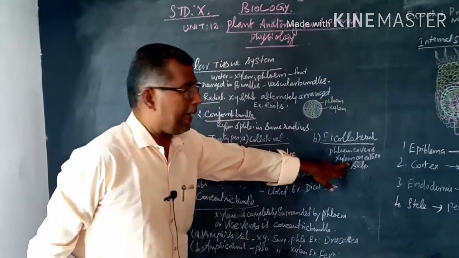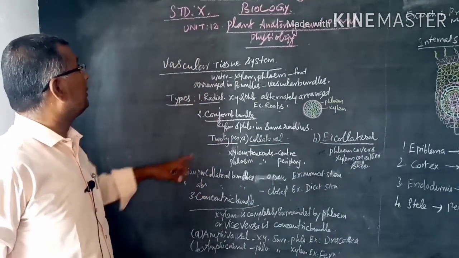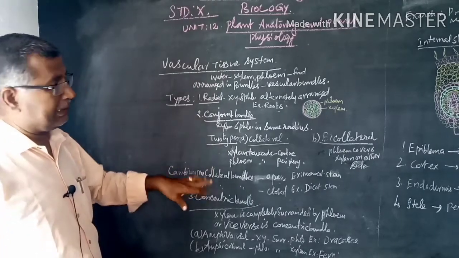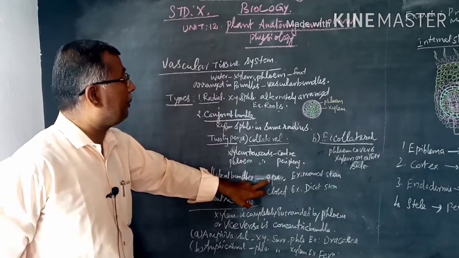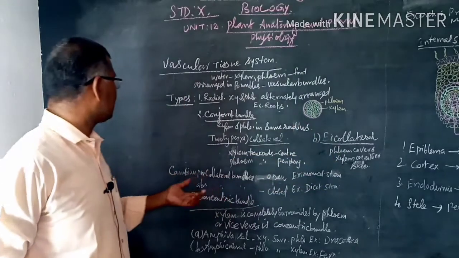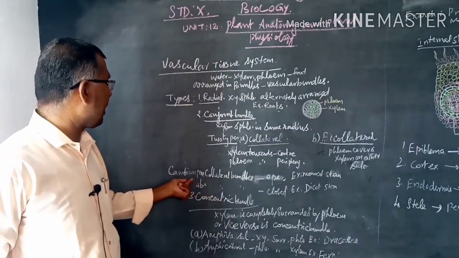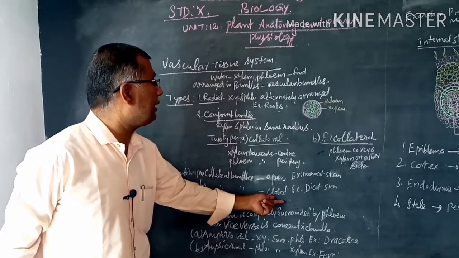Example, Cucurbita. Then among the collateral bundles, if the cambium is present, we call them open collateral bundles. Example, dicot stem. Suppose in collateral bundles the cambium is absent, we call it a closed collateral bundle.